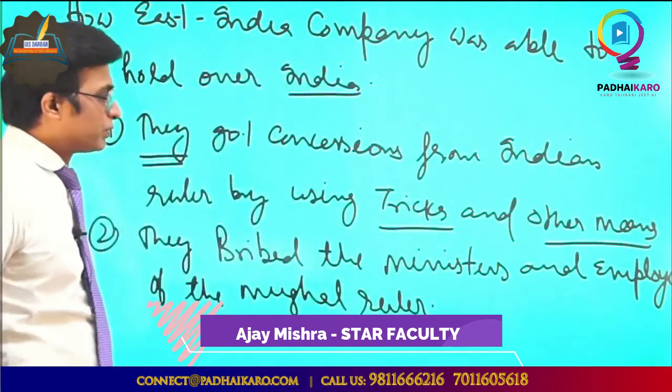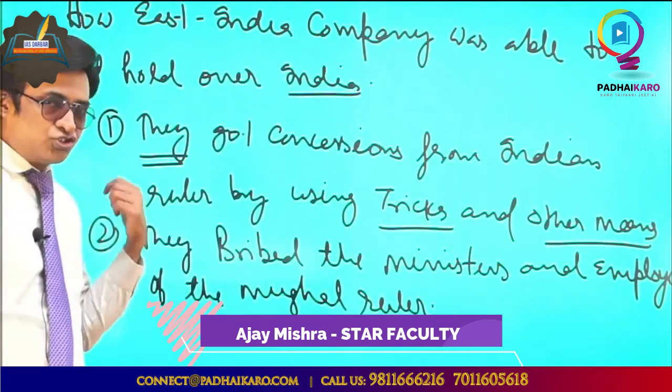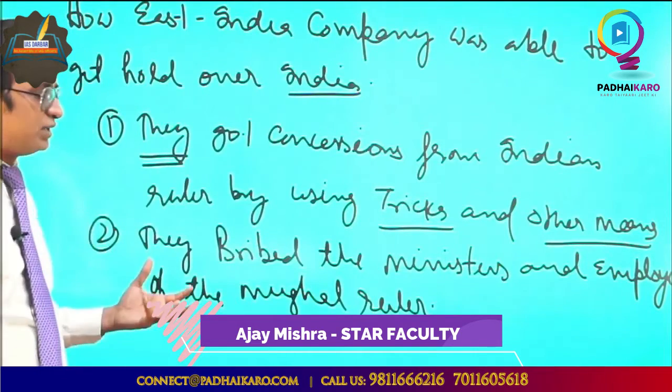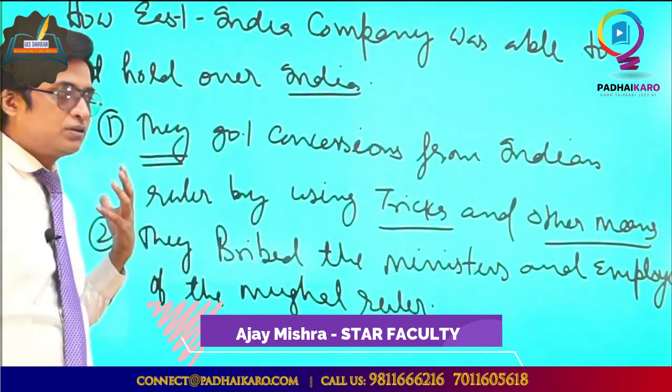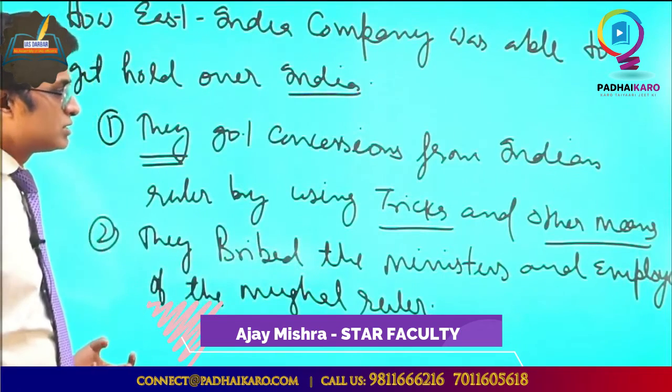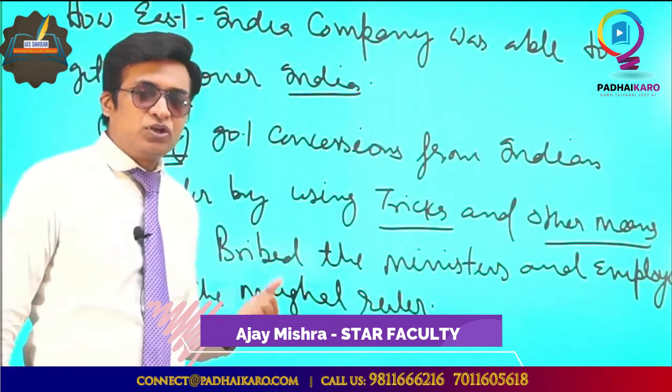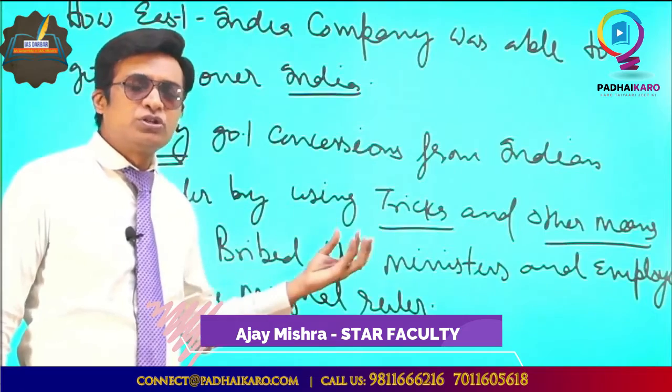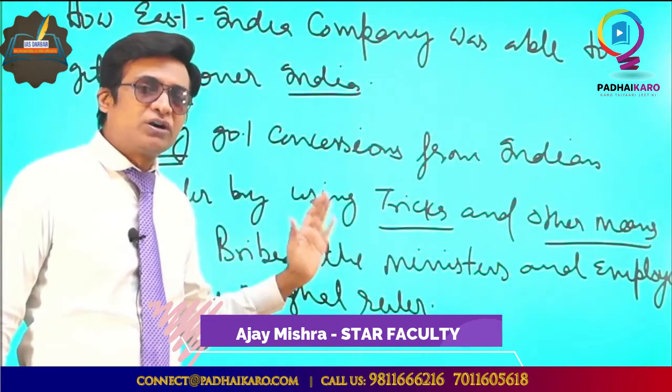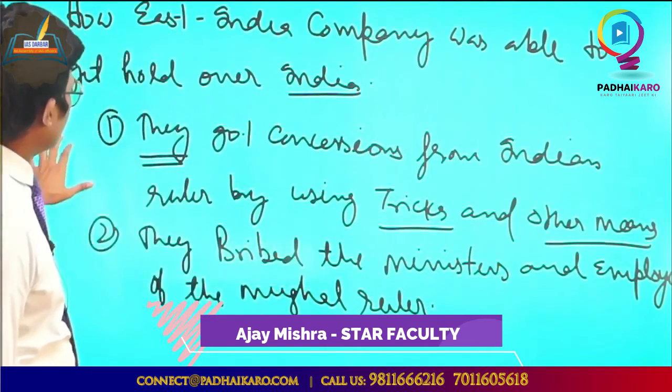So how did they play the tricks? They bribed the ministers and employees of the Mughal rulers and used the opportunity to be closer to the rulers and got the concessions.